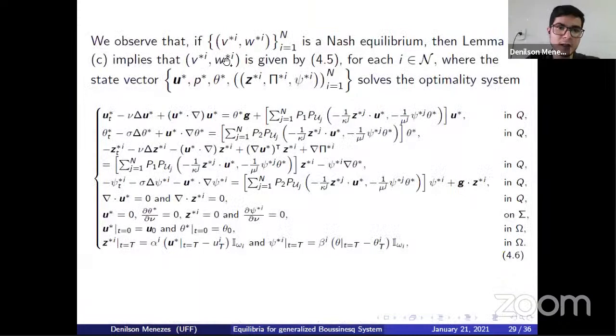And if we consider this vector V star i, W star i, i from 1 to n, a Nash equilibrium, then we can conclude that this vector in here solves this system, and the system is called the optimality system.